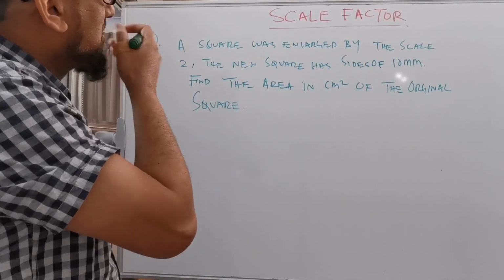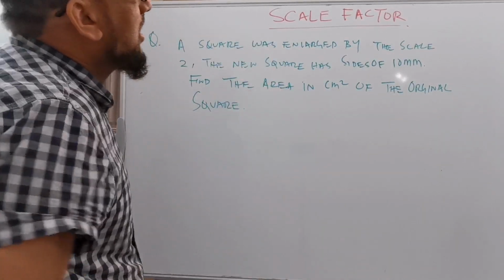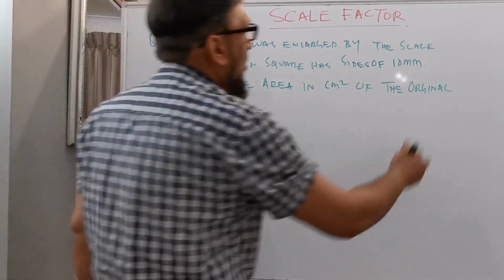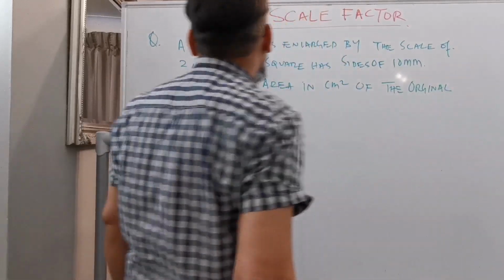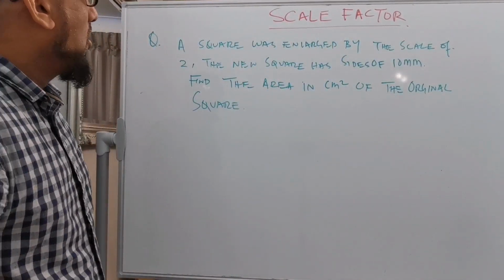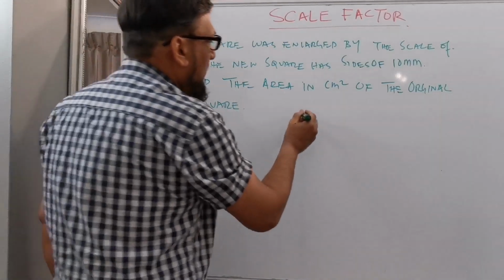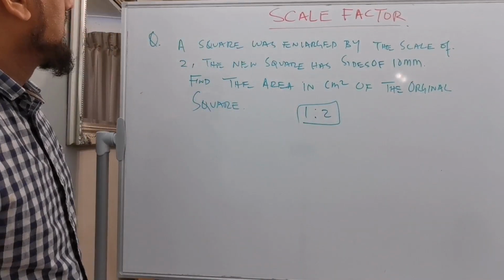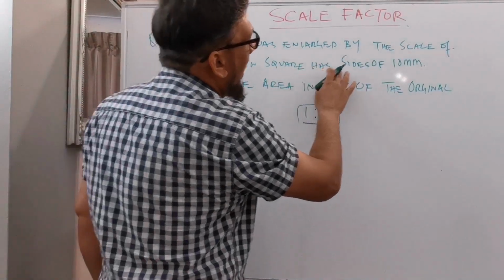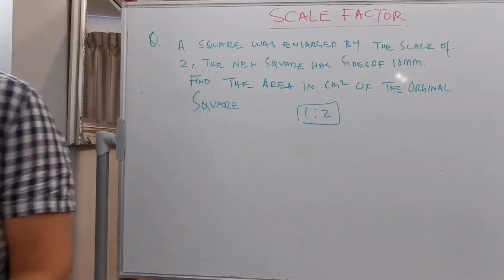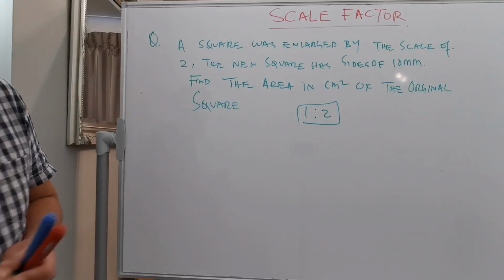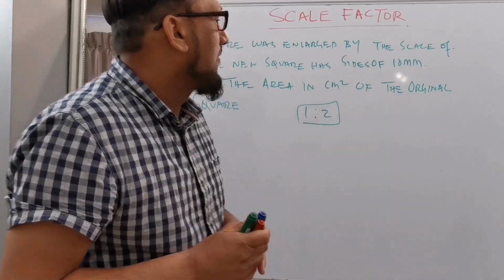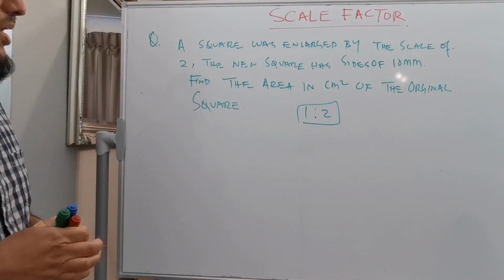So the square was enlarged by the scale of 2, so the scale factor is 2, which means the scale factor 1:2. The new square has sides of 10 millimeter. Find the area in centimeter square of the original square.